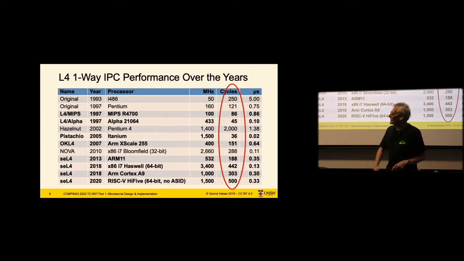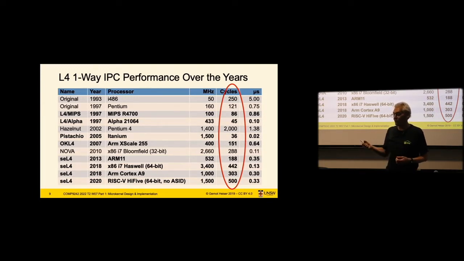Really horrendous. The successor thing that unfortunately Intel managed to completely destroy was the Itanium, which is just the opposite. It was the most context switch friendly machine that's been built in the last 3 decades, and we could do an L4 IPC in 36 cycles.